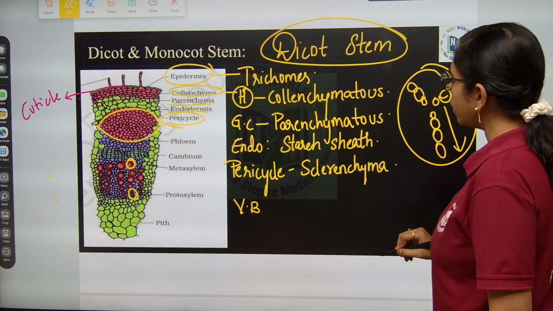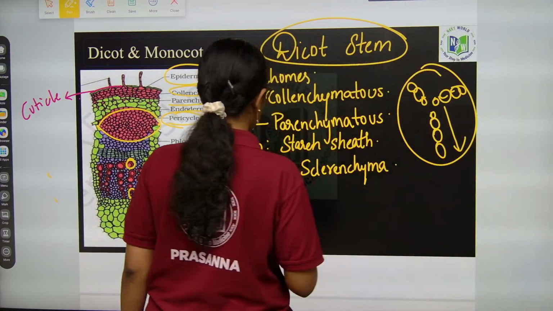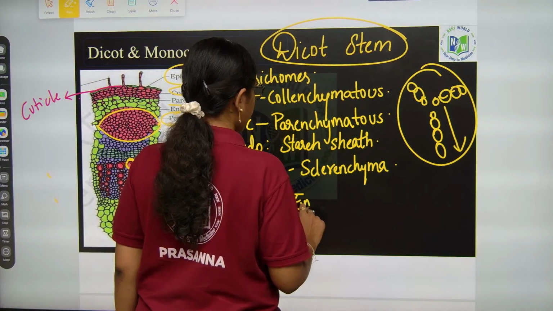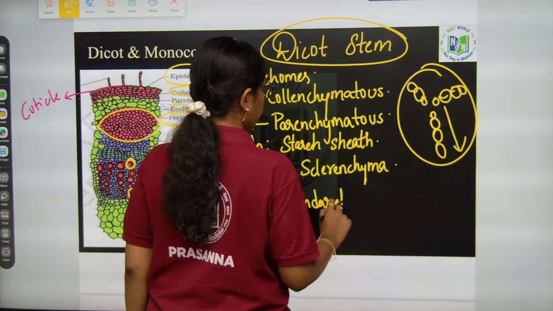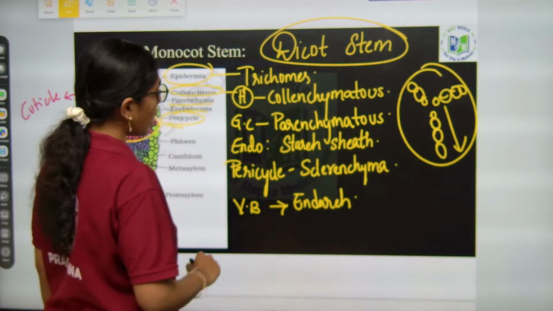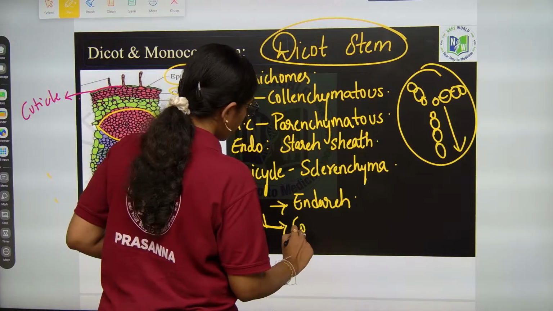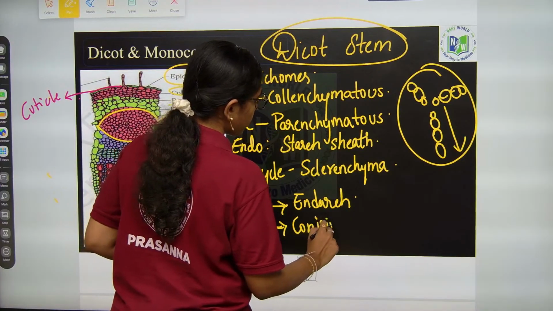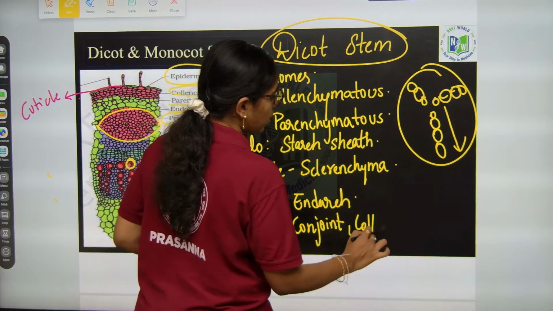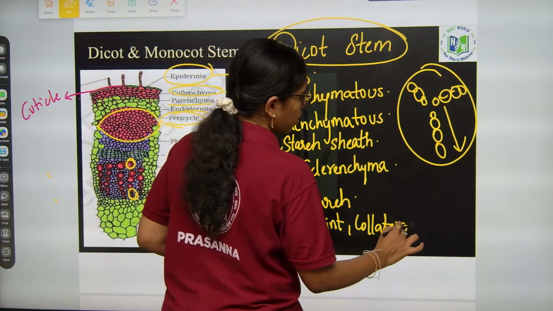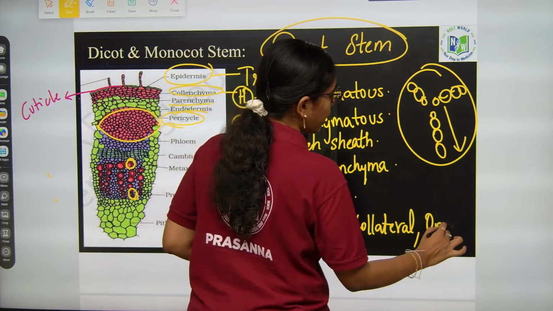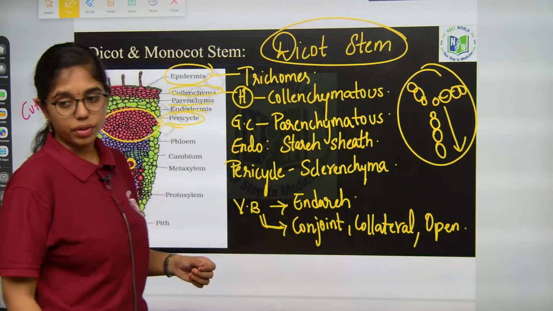So this pattern is called as endarch. Endarch xylem is present. And how vascular bundles are arranged? Conjoint, just now we have seen, right? Conjoint, collateral and open type of vascular bundles are observed.